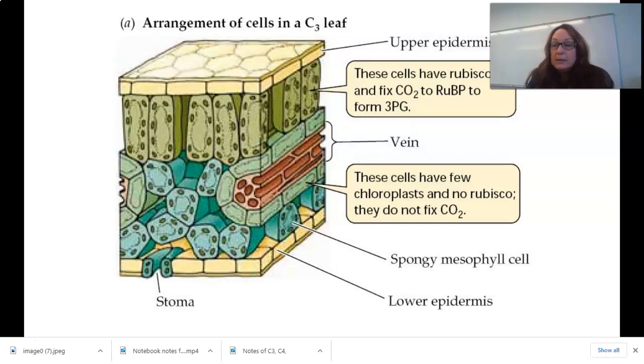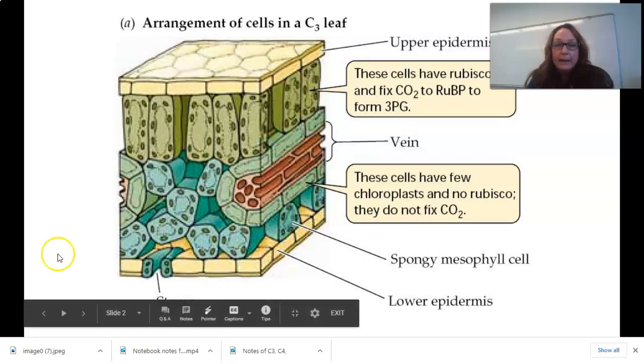So this is exactly what we've seen so far. In our minds, this is the way that a section of a leaf of a plant looks like. So we've talked about how you've got this epidermal layer on the top and the bottom. Both of them are covered by a waxy cuticle to reduce water loss.